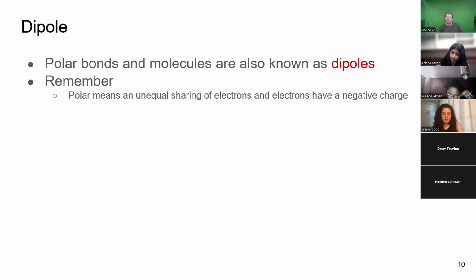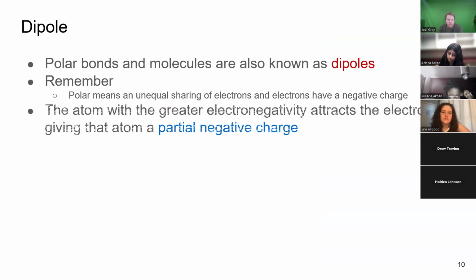Okay, so dipole. Polar bonds and molecules are also known as dipoles. Remember, polar means an unequal sharing of electrons, and electrons have a negative charge. The atom with the greater electronegativity attracts the electrons, giving that atom a partial negative charge. Yesterday, I asked about functional groups, and there are a couple of functional groups that people came up with, and one of them was an aldehyde. An aldehyde functional group.